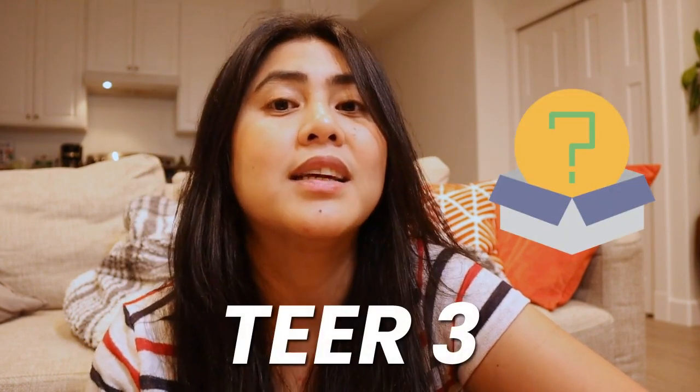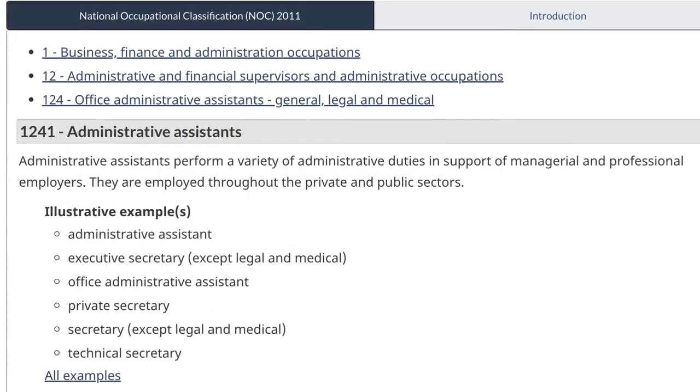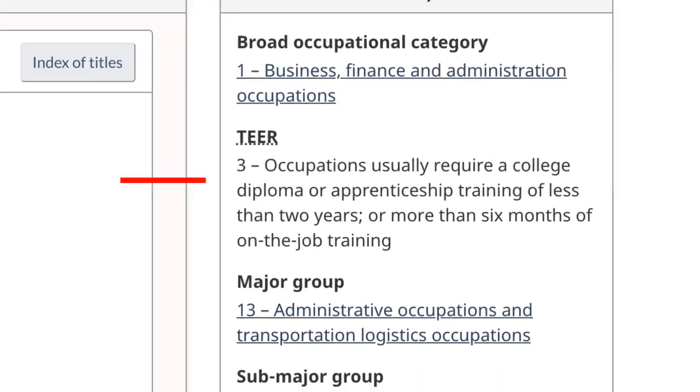The only thing that we are not sure about is tier 3, because some of tier 3 were part of NOC B. For example, yung NOC ko before, 1241, I was part of skill B. But now, if I'm going to check the tier system, I'm part of tier 3.